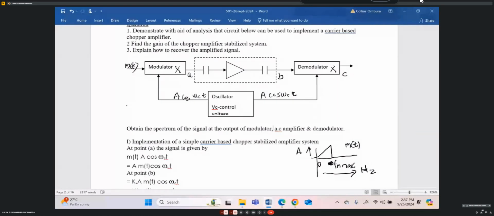And our carrier is A cos omega_c t. So it's a pure sine wave.